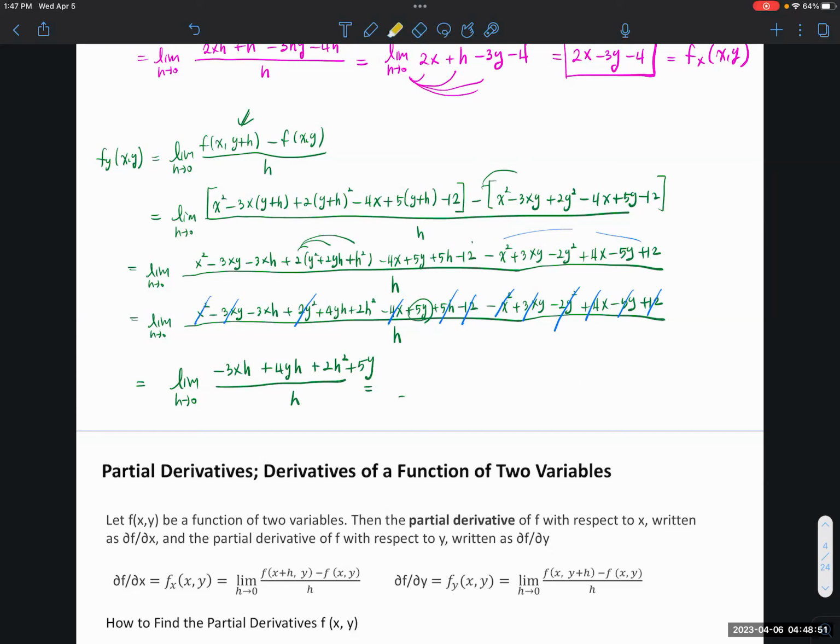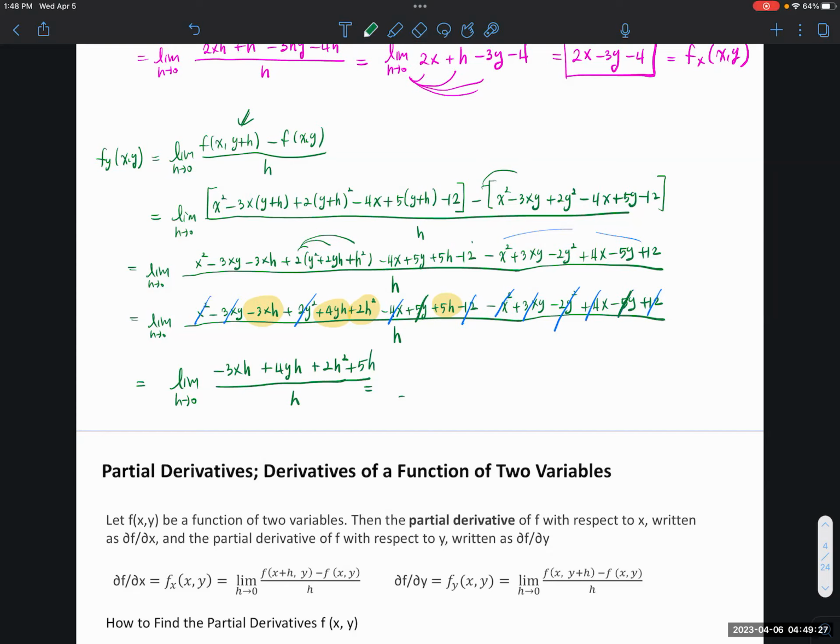So here we have the remaining stuff. Oh, 5h. Actually, yeah, you're right. So I deleted the wrong one. This one has to be canceled, because that one was a 5y. So positive 5y and negative 5y cancel. So we have a remaining 5h. Thank you, thank you. That's better. I told you it's a long line.